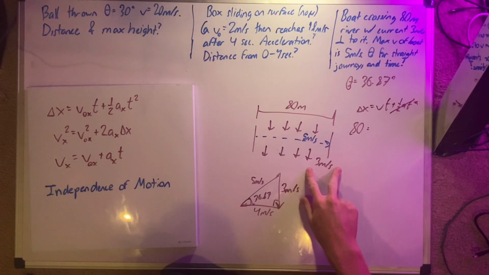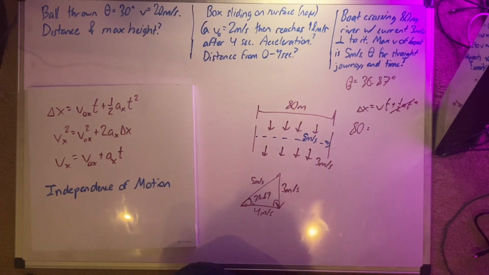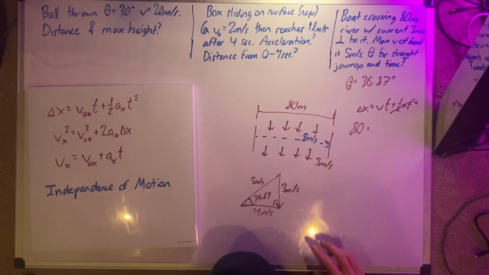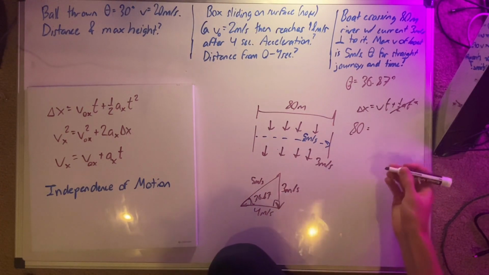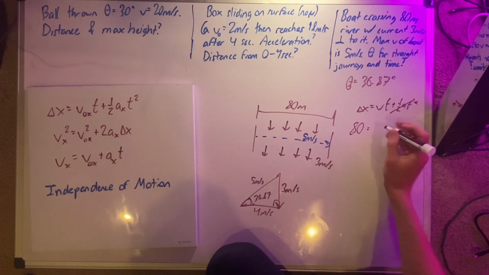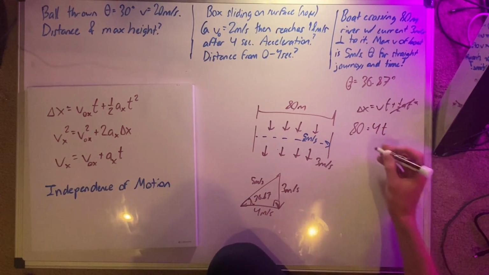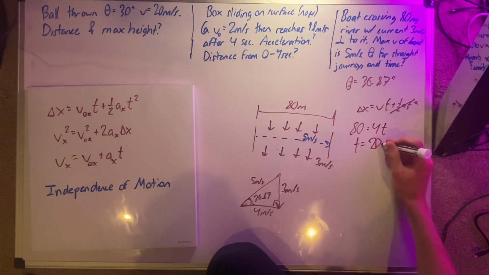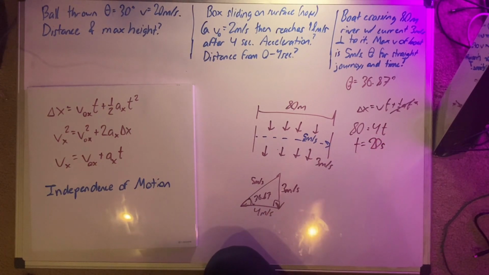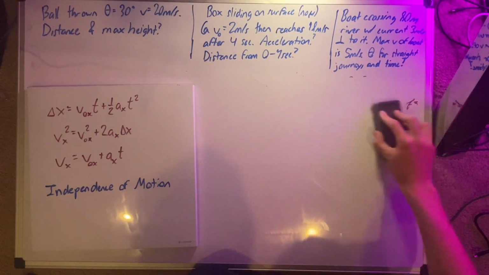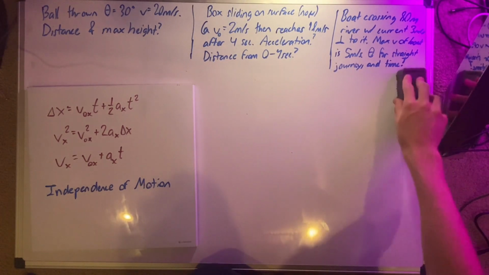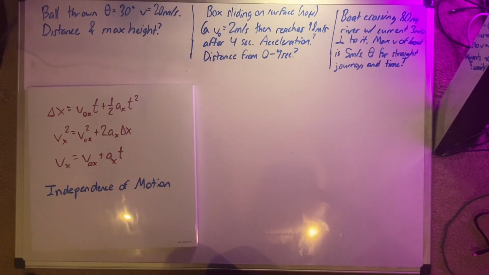Sure, there is acceleration from the current, but no, because independence of motion tells us that acceleration doesn't matter if we're talking about a direction perpendicular to it, and it is perpendicular to it, so there is no acceleration. 80 is equal to velocity 4 times the time it takes, so it would take 20 seconds for the boat to cross the river. And with that being said, we have solved for our kinematics, and I hope that that's a good touch-up on kinematics and whatnot.